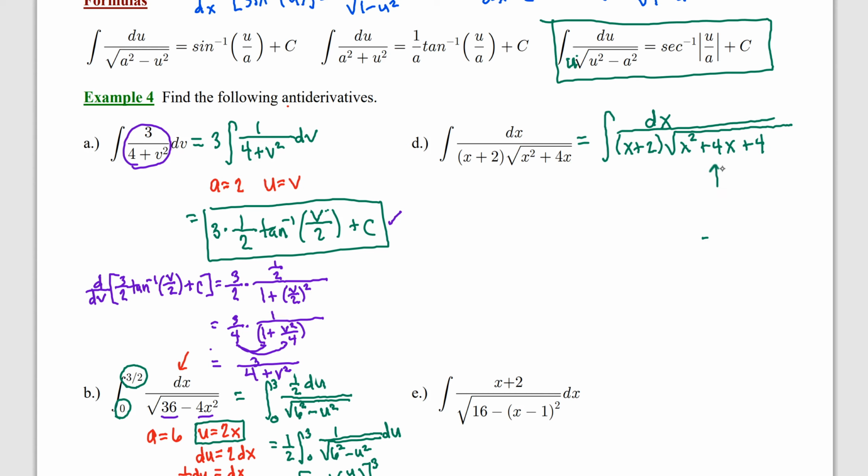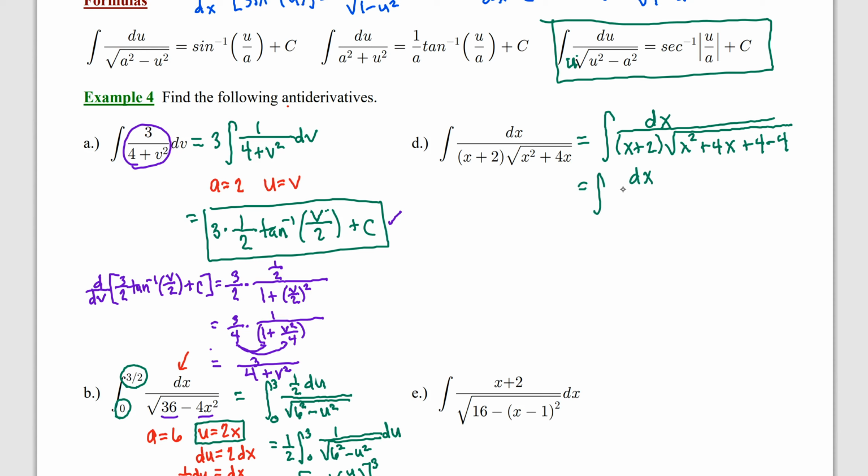Remember, to complete the square, I divide this linear coefficient by 2, that gives me 2, and I square it to get 4. Now, I can't just add 4 under that radical because I feel like it. I've got to make sure that it's equivalent to the original integral. So I'm going to add 4 and then immediately subtract it back off so that what I have here is equivalent to that original integral.